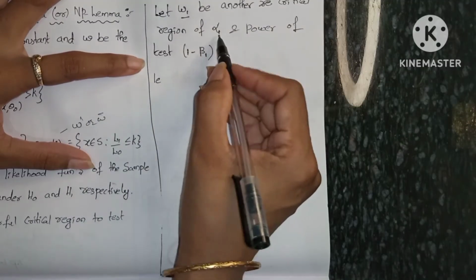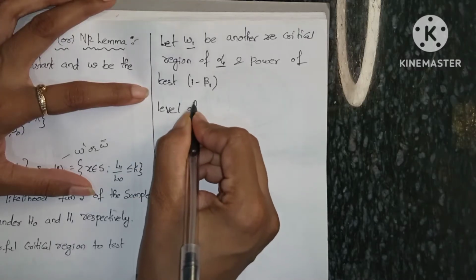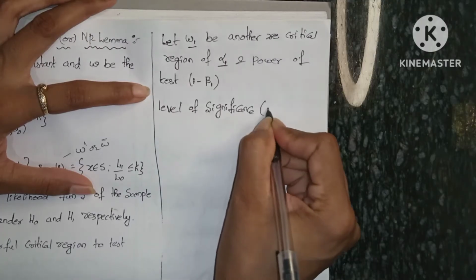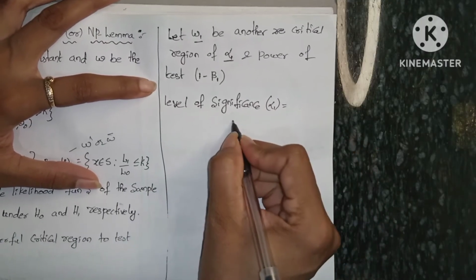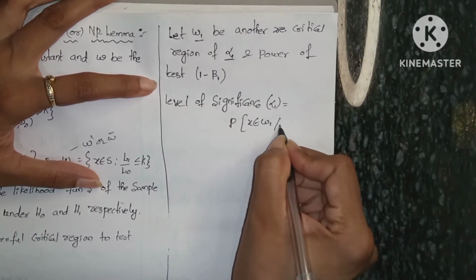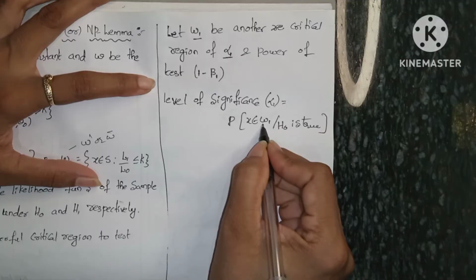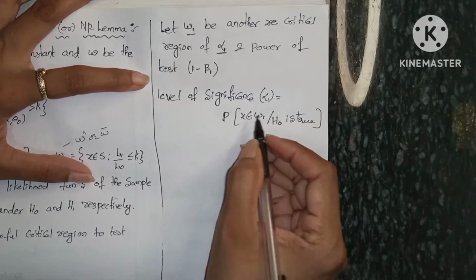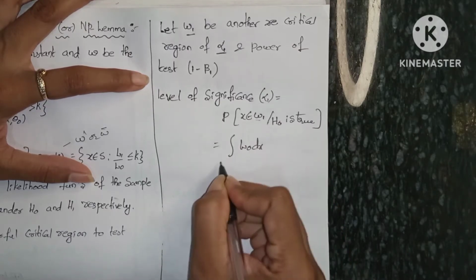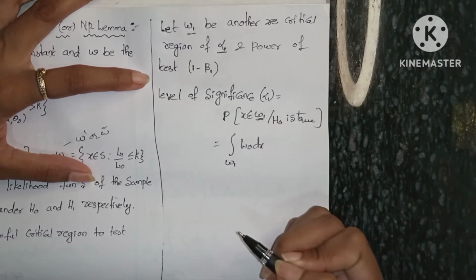So first we have to find out alpha 1. That is the level of significance: alpha 1 equals the probability of x belongs to omega 1 such that H naught is true. Same formula, instead of omega we keep omega 1. So this equals the integral of L naught dx over the limit omega 1, because we have taken omega 1 as the critical region.